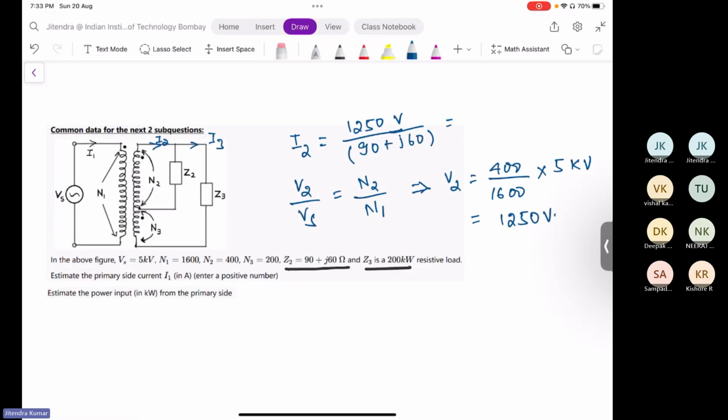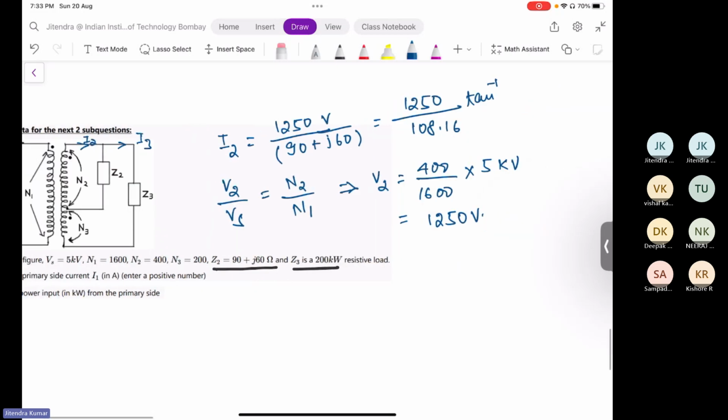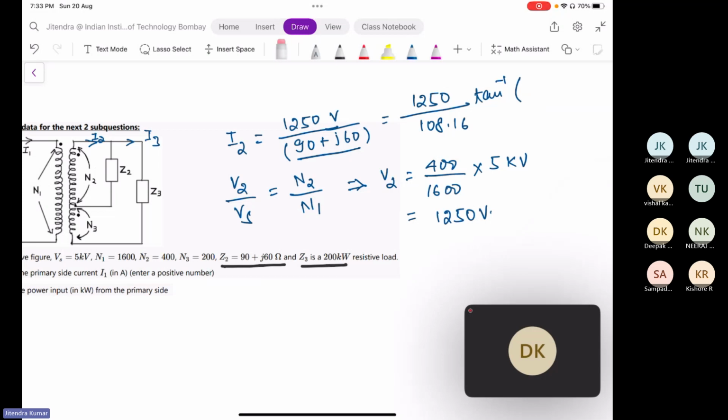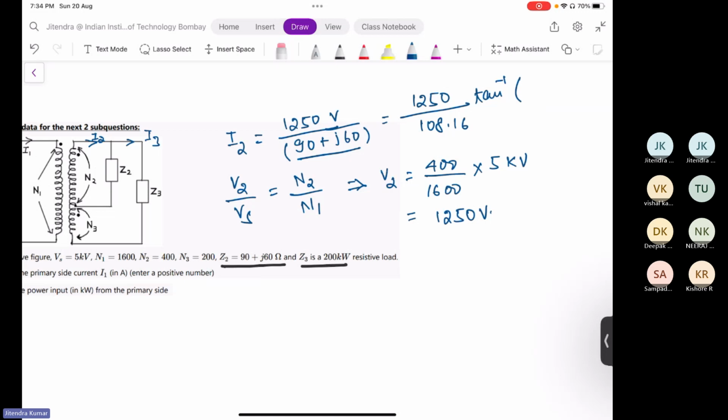It will be in phasor form, so if you compute, 1250 divided by the square root of 90 squared plus 60 squared, that is 1250 divided by 108.16, and the angle is minus tan inverse 60 by 90, because transferring it from the denominator to the numerator gives a minus sign.